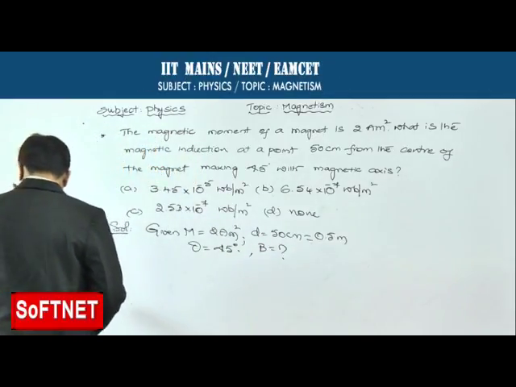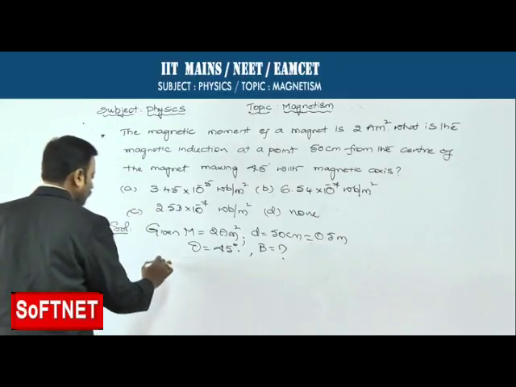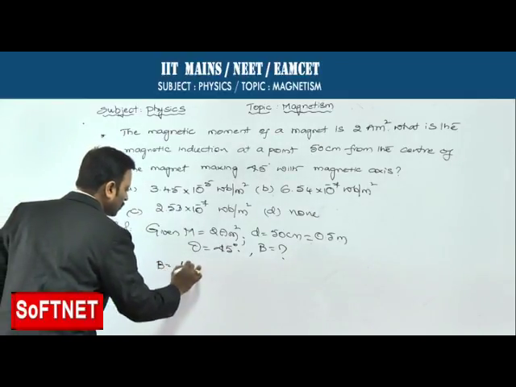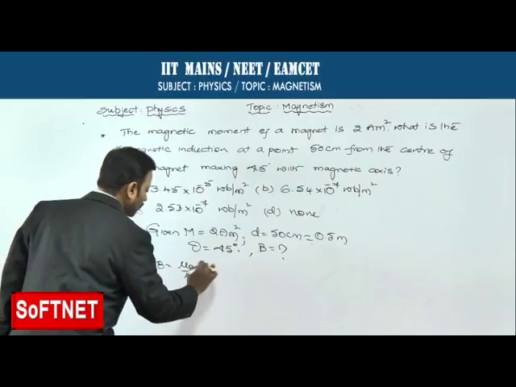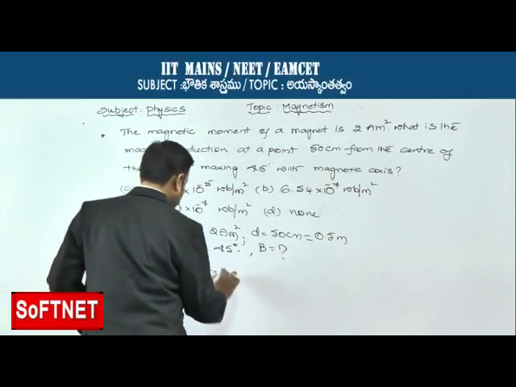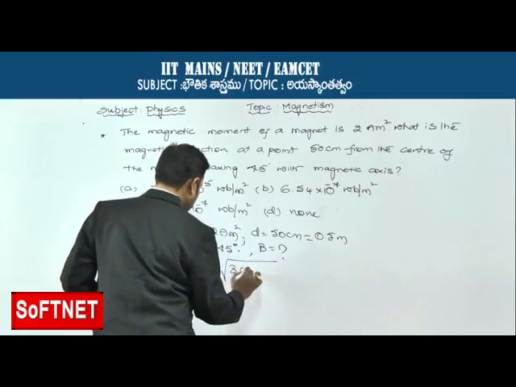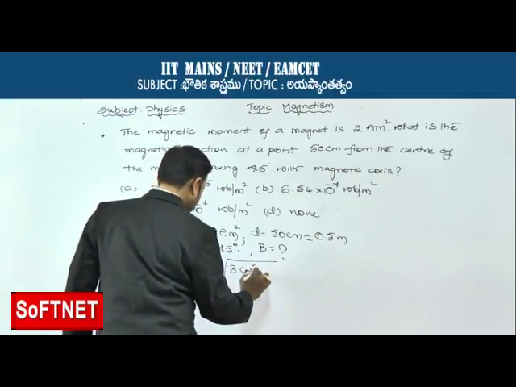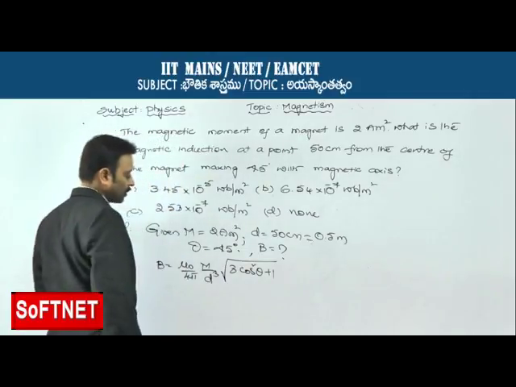The formula for magnetic induction in this case is B = (mu naught by 4 pi) × (M by d cube) × under root of (3 cos square theta plus 1).